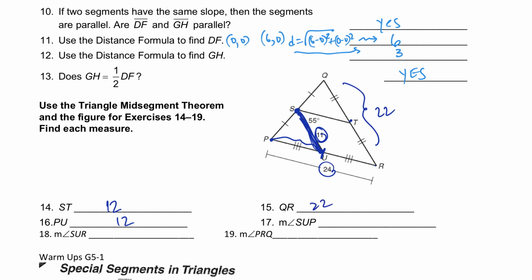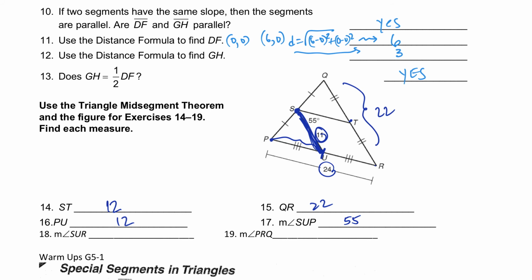And the measure of angle SUP, that's going to be 55 degrees, because if that's 55, these two will be parallel down here, right? Because that's a mid-segment, so that's going to be parallel to this. So these are alternate interior angles.